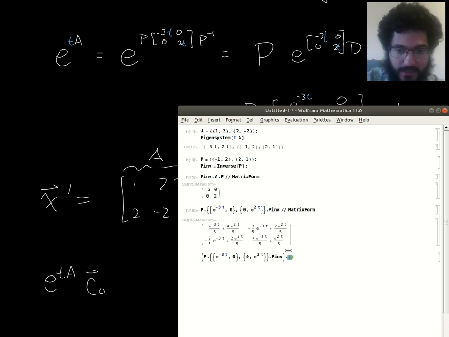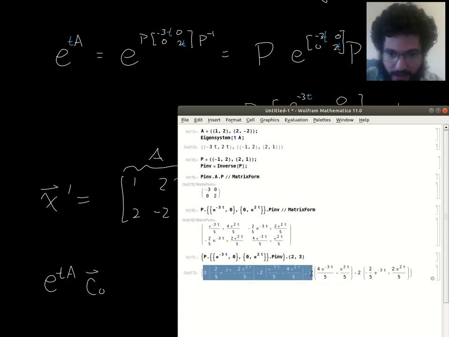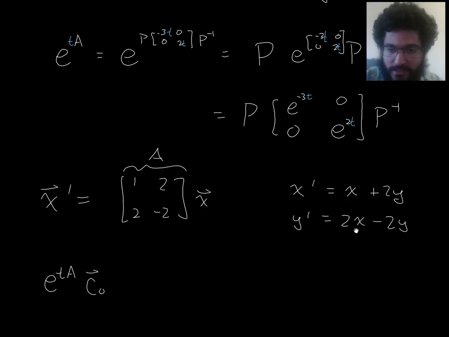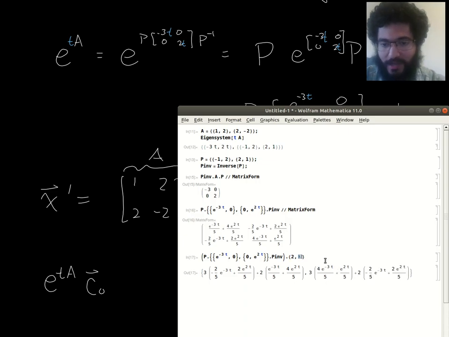Now when I apply that to a vector of initial conditions, like let's say 2, 3, then I get a pair of functions which solves this differential equation with the initial conditions I chose. So x of 0 would be 2, and y of 0 would be 3. There's a lot of 2s and 3s here, so let me put in different numbers like 5 and 7.